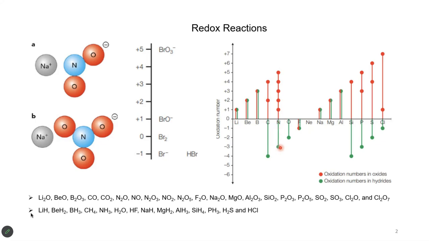Nitrogen can have -3 oxidation state, +1, +2, +3, +4, and +5, and so on. So I have written all the chemical formulas of these compounds below. We know that we can name them traditionally as well as with systematic naming. We discussed it in our lecture.